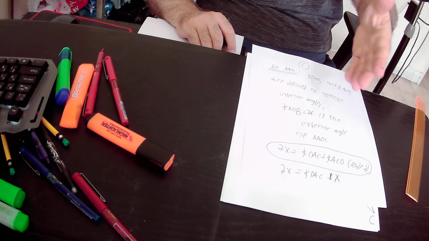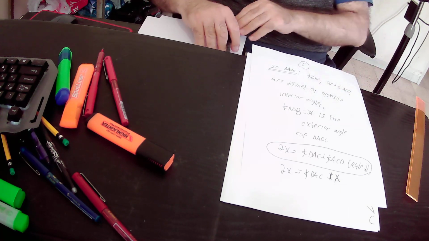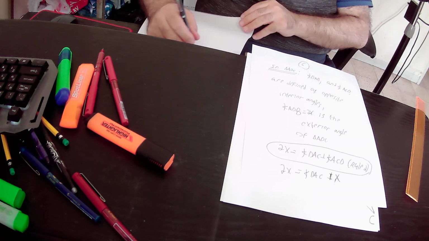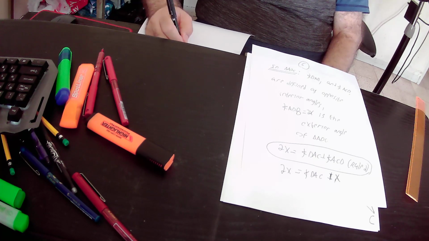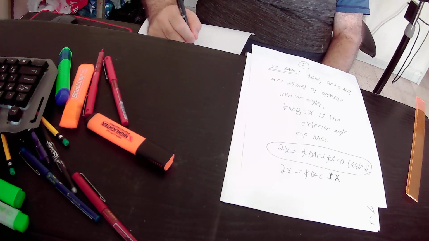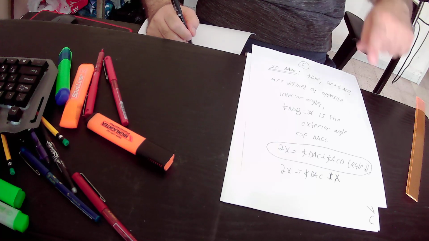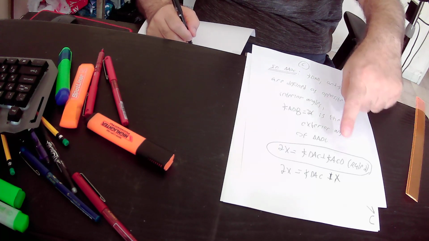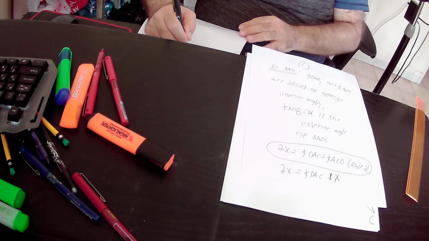Here we can subtract x from both sides: 2x minus x is x, equals DAC plus x minus x, which is DAC. So x equals angle DAC.